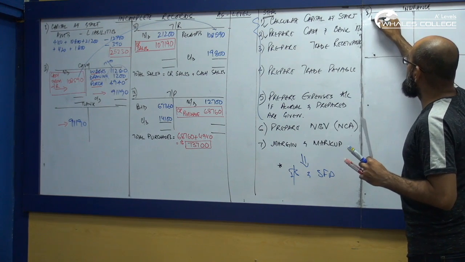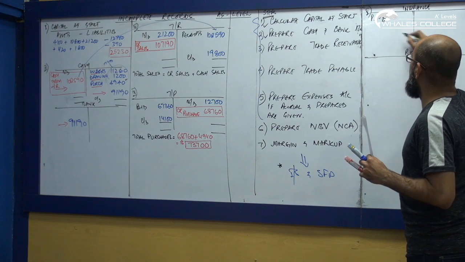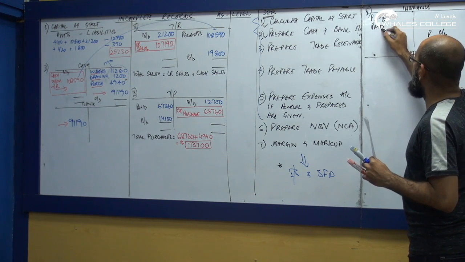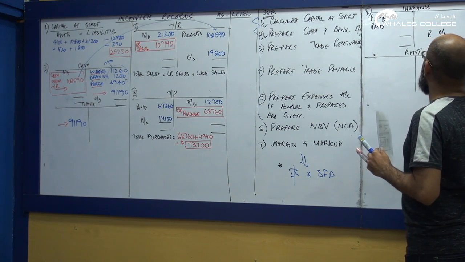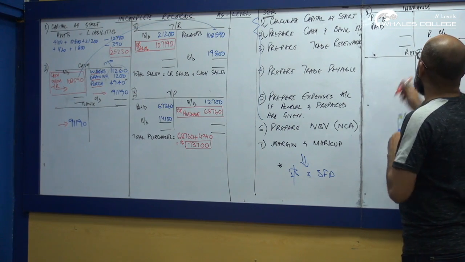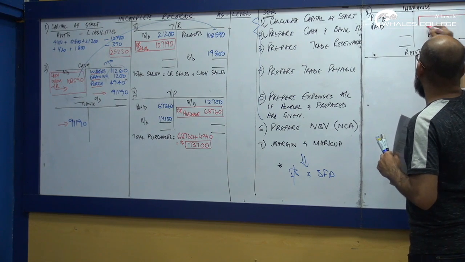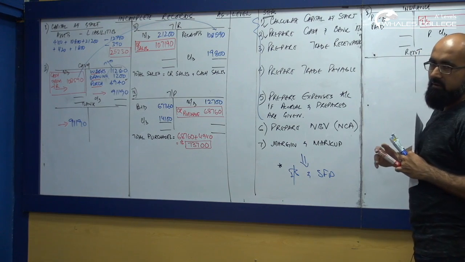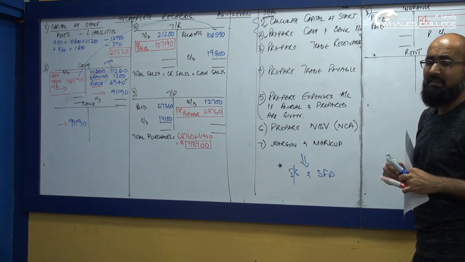The format is prepaid brought down, prepaid carried down, amount paid. And you get the missing figure of expenses which are to be transferred to the income statement. Prepaid is an asset.